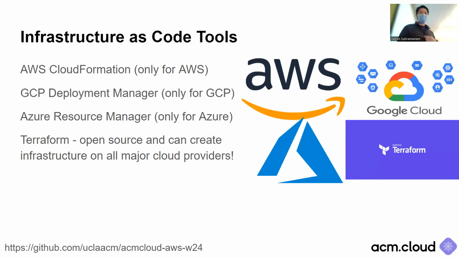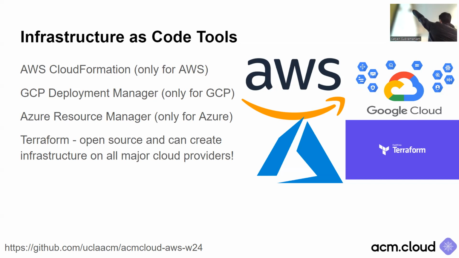The specific tools that are most popular out there are AWS CloudFormation, which we'll be talking about shortly, which, well, it's in the name, it's for AWS; Deployment Manager for Google Cloud; Resource Manager for Azure; and there's also a tool called Terraform, which is open source and can create infrastructure on basically any major cloud provider.